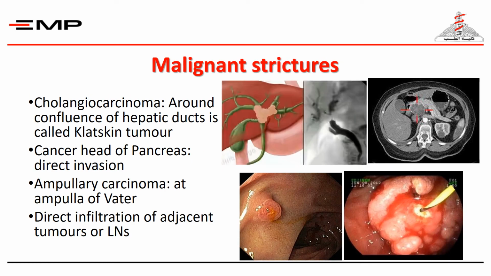The common causes of malignant strictures are cancer of the head of pancreas, infiltrating the lower end of the common bile duct, carcinoma of the ampulla of Vater, called ampullary carcinoma, or carcinoma of the biliary tract above, called cholangiocarcinoma.